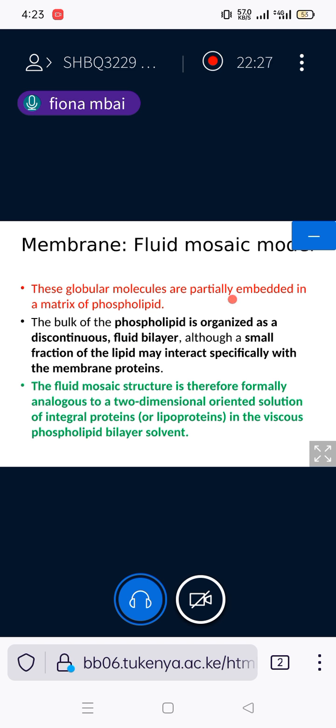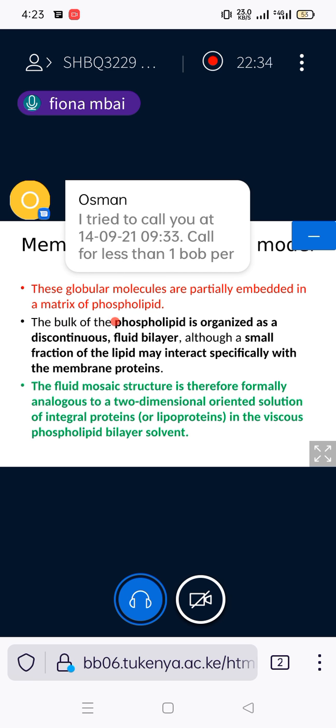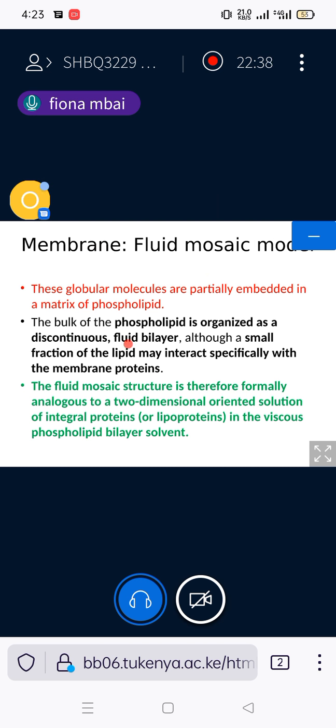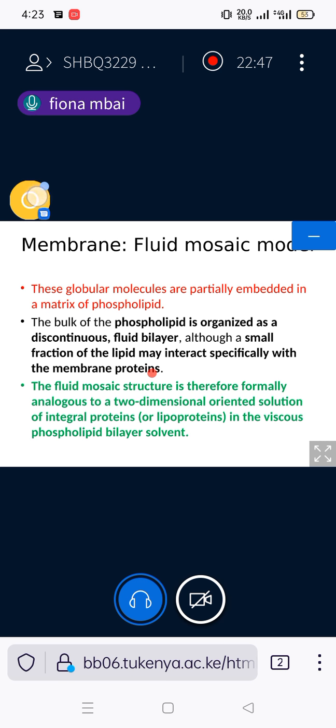So these globular molecules are partially embedded in the matrix of the phospholipid. The bulk of the phospholipid is organized as a discontinuous fluid bilayer, although small fractions of the lipid may interact specifically with membrane proteins.